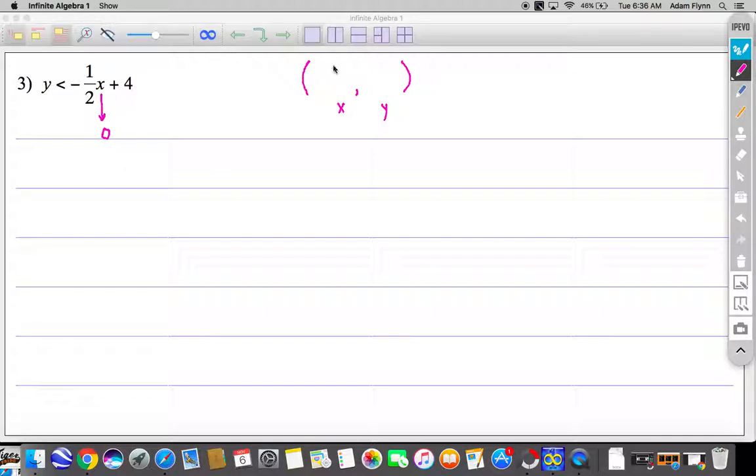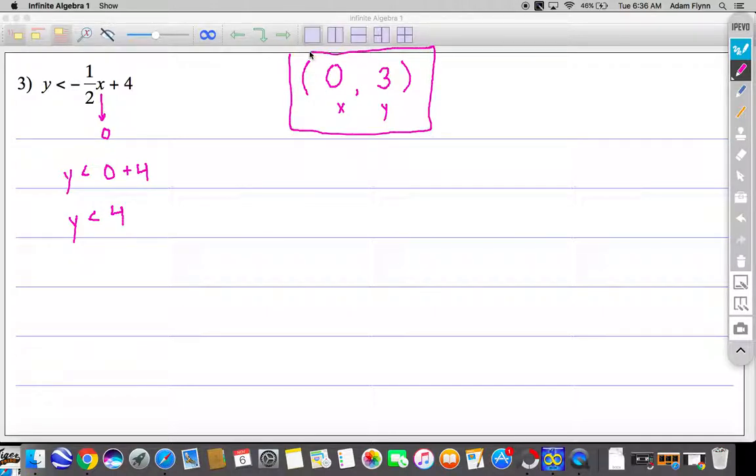So when I do that, I get y is less than 0 plus 4. 0 plus 4 is 4. So we are looking for some y value that is less than 4. So any number that's less than 4, how about 3? Just like that, I have found a point that is in my shaded region, a point that satisfies that linear inequality.